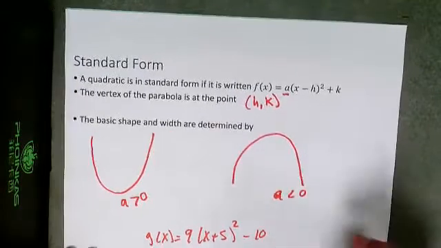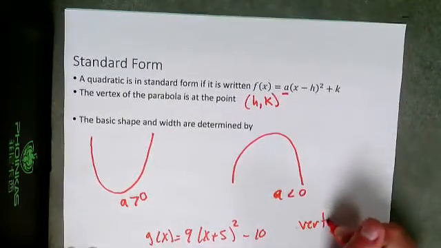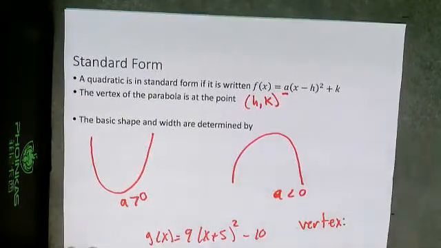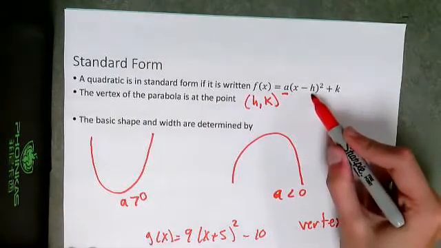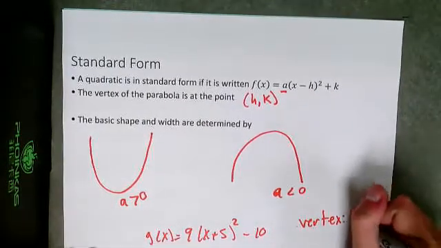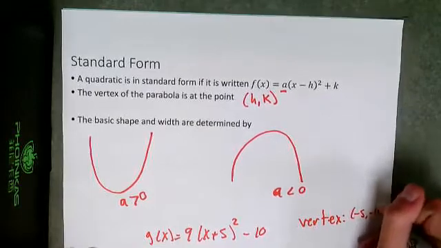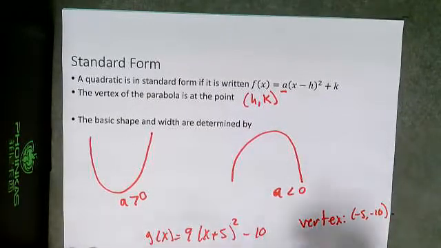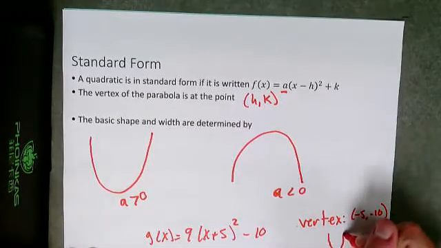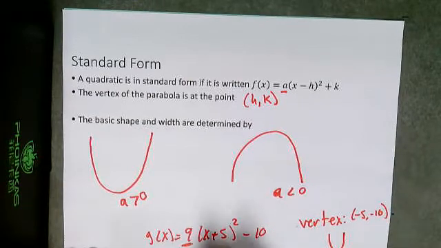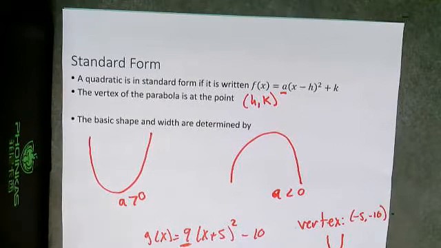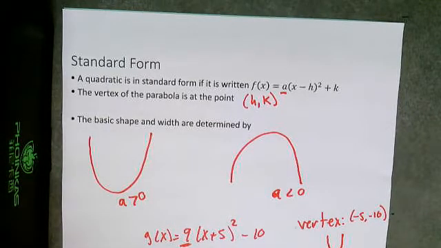Then our vertex, remember it's h, k, would be negative 5, negative 10, and it would look like this because our a is positive. Okay, that's standard form.